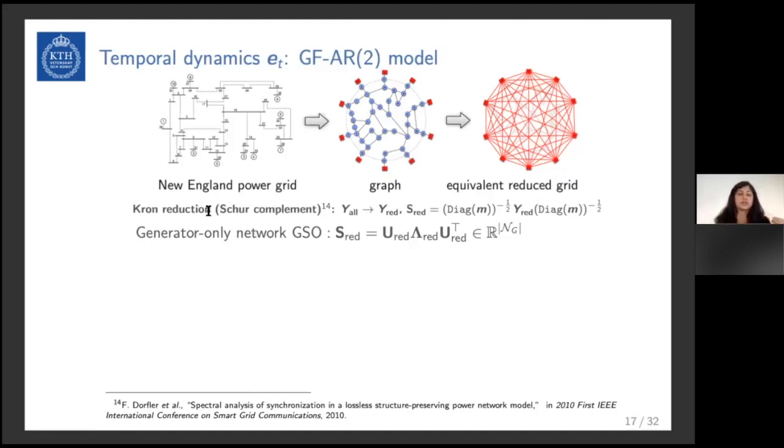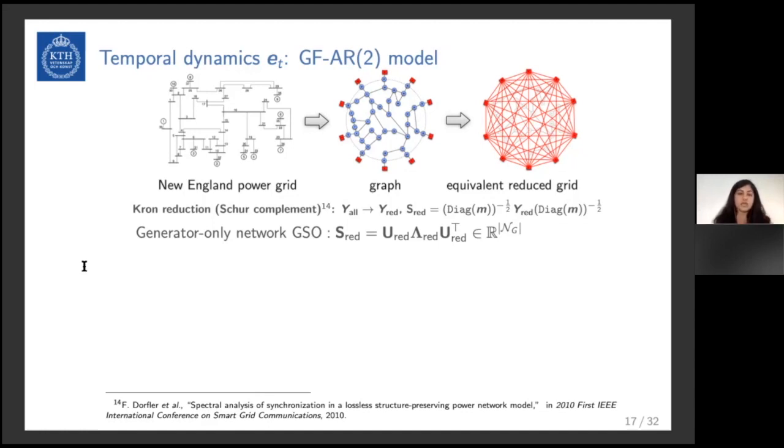A standard way of doing this is the Kron reduction or using the Schur complement. So what you do is you have an equivalent reduced grid, and for that the generator-only network GSO that we have is what we are defining as S red here. The number of nodes is now restricted to the number of generator buses in the system.